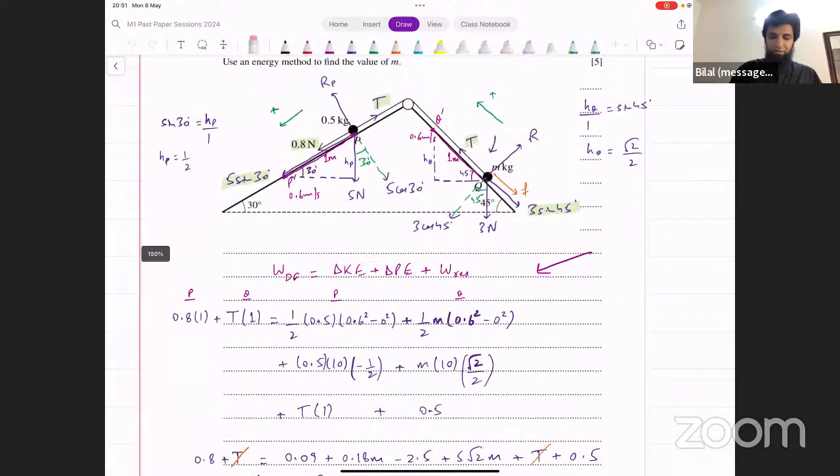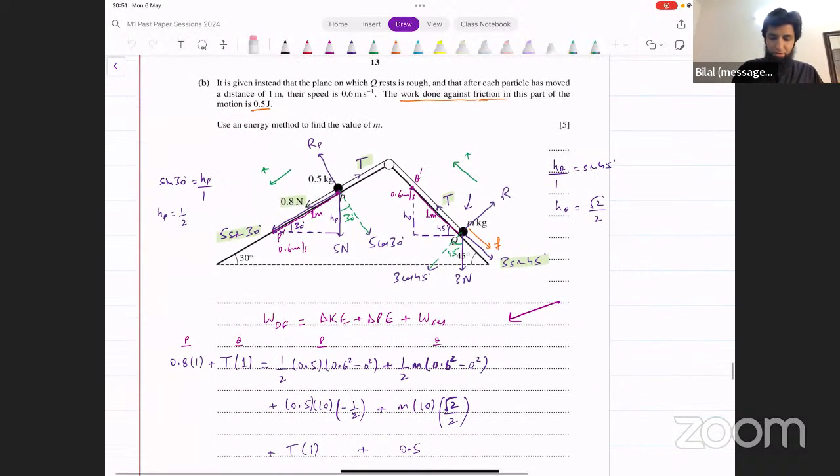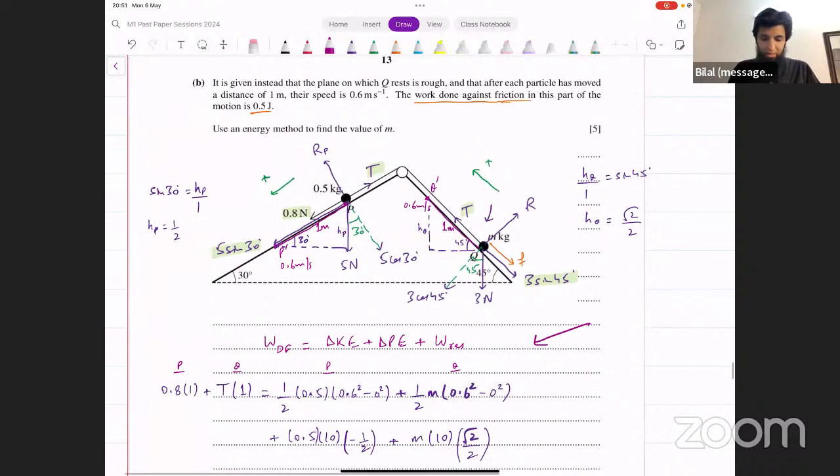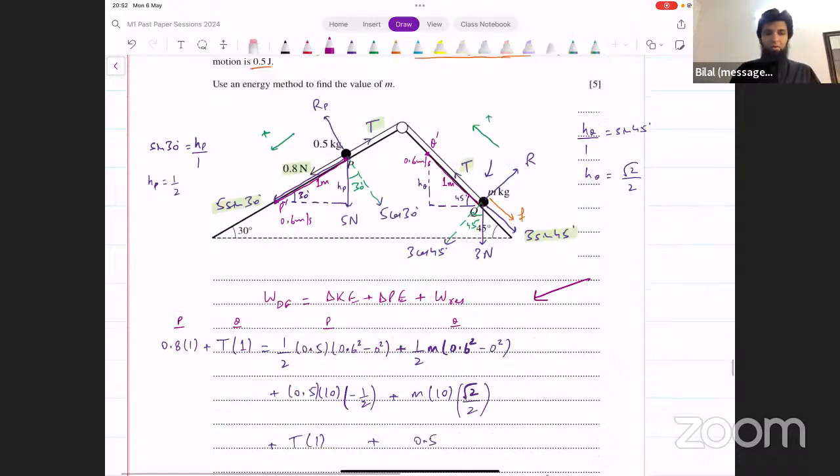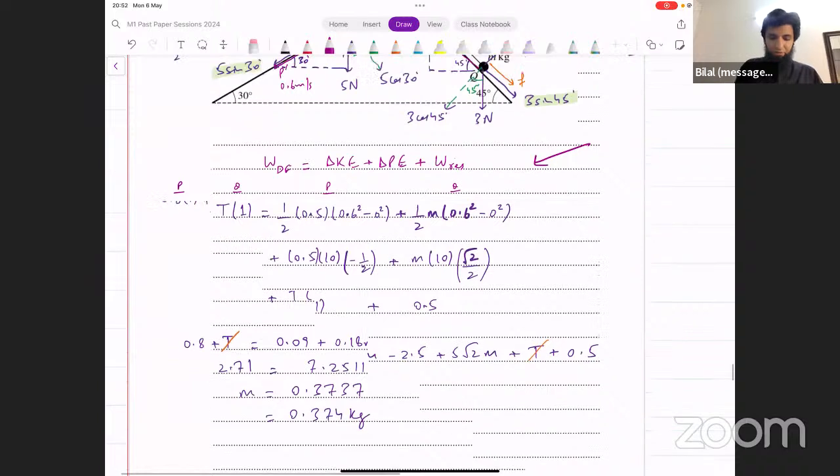So let me just read the question statement again. It's given that the plane on which Q rests is rough. After they move 1 meter, their speed is 0.6 meters per second. The work against friction in this part of the motion is 0.5 joules. So what we have done is we have used the work energy principle.